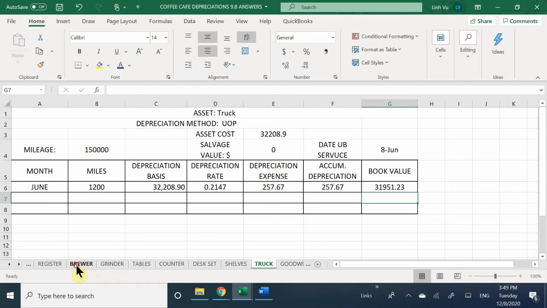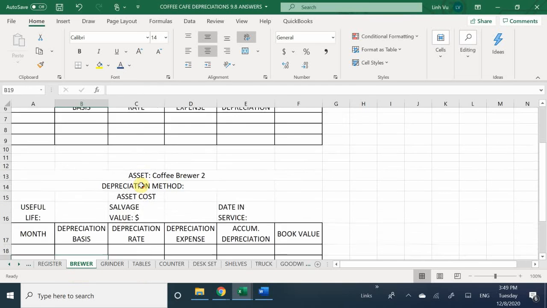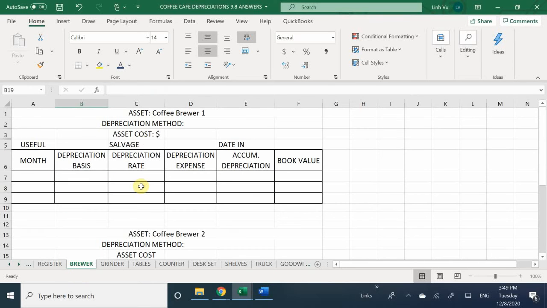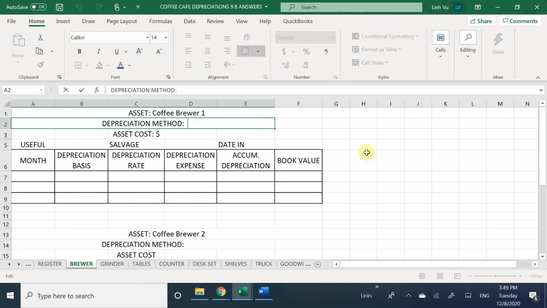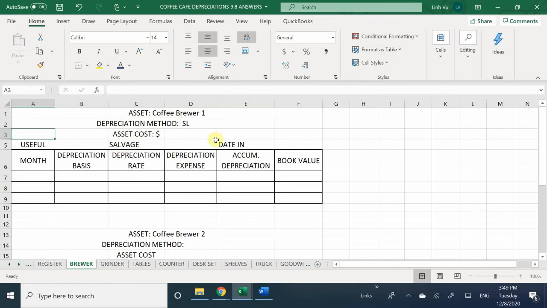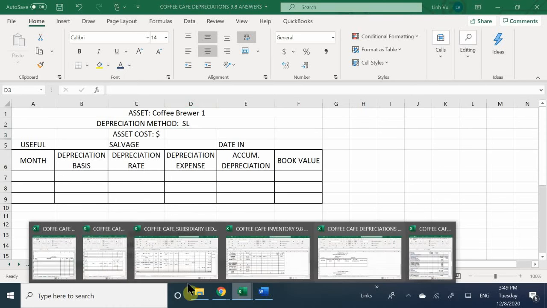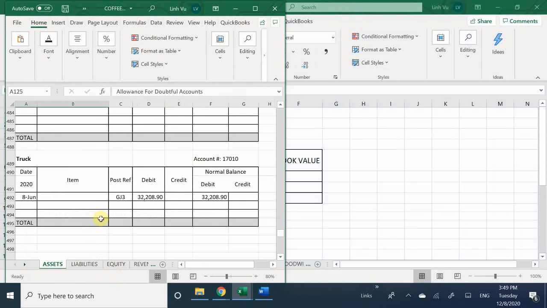If you find it here, it should be under brewer. I've separated the tables for you, one for brewer number 1, which is the one that we acquired the day of. I'm going to put SL for straight line. Again, what was my asset cost? The first brewer was $1,900.